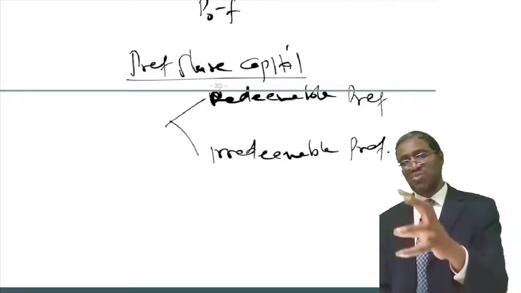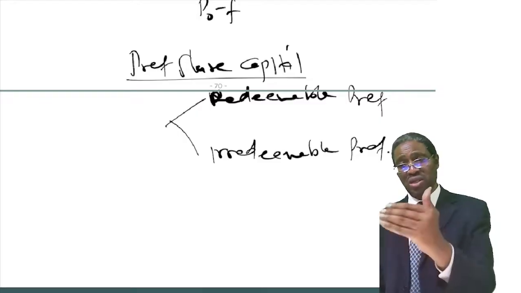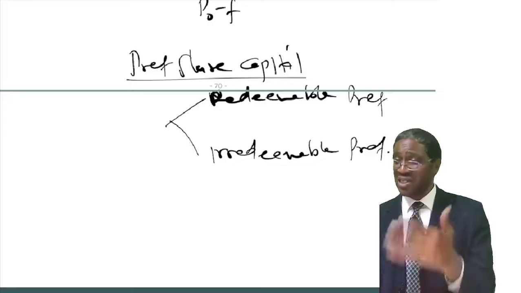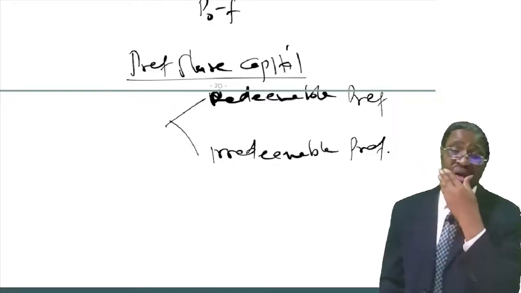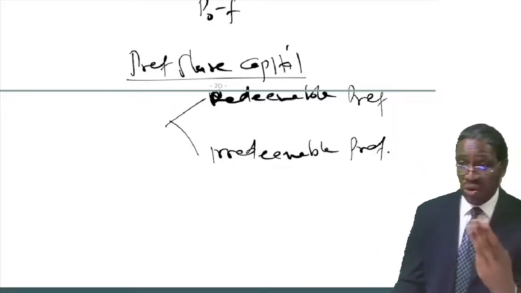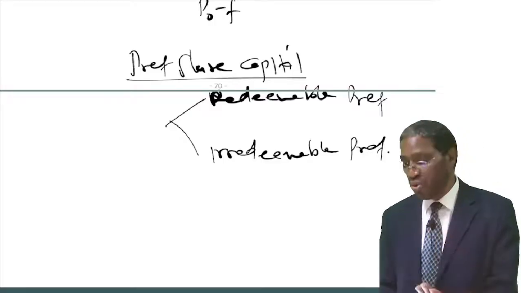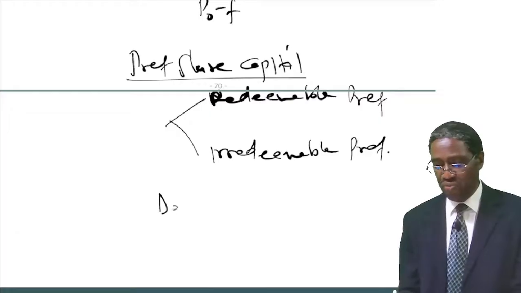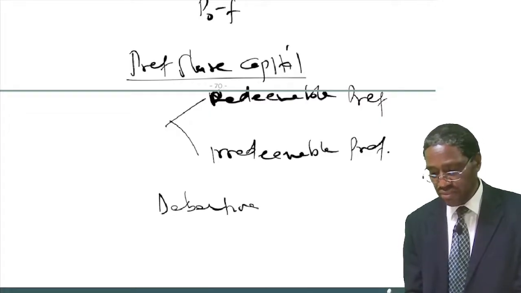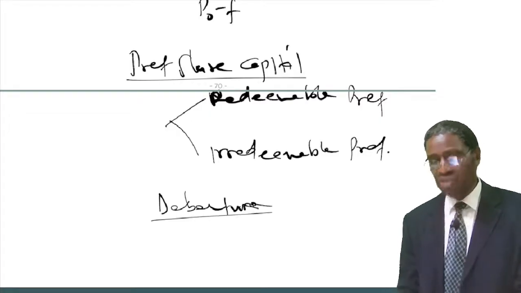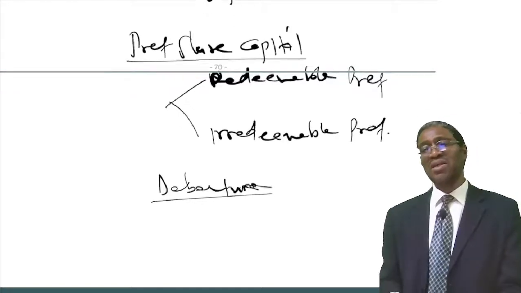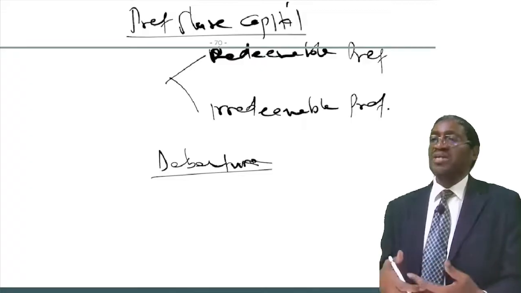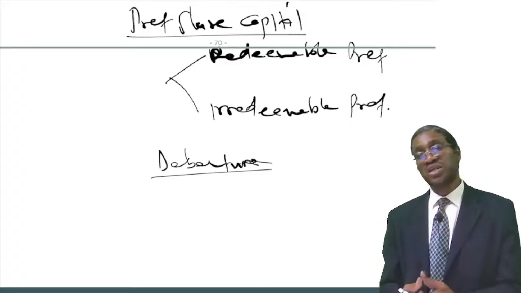After we have discussed preference shares, both redeemable and non-redeemable, how to compute their dividends or their return, or what we call the cost, then we can now go on and talk about how to compute the cost of debt, or in other words, cost of debenture. Listen again, debentures can either be redeemable debentures or non-redeemable debentures.